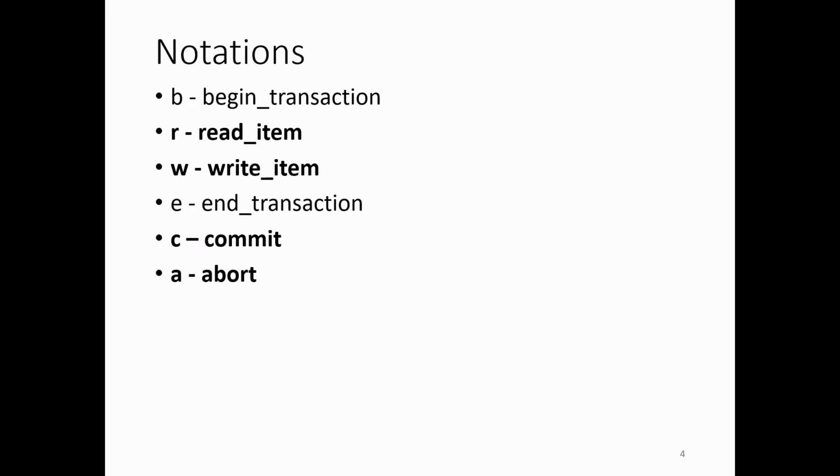Even though we have begin and end, we are not considering them for our examples and schedules when we discuss them. So we deal only with read items, write items, commit, and abort in a transaction.